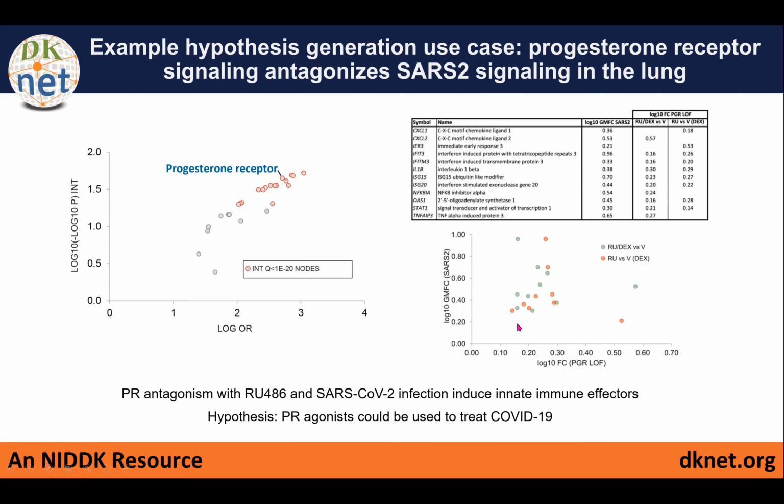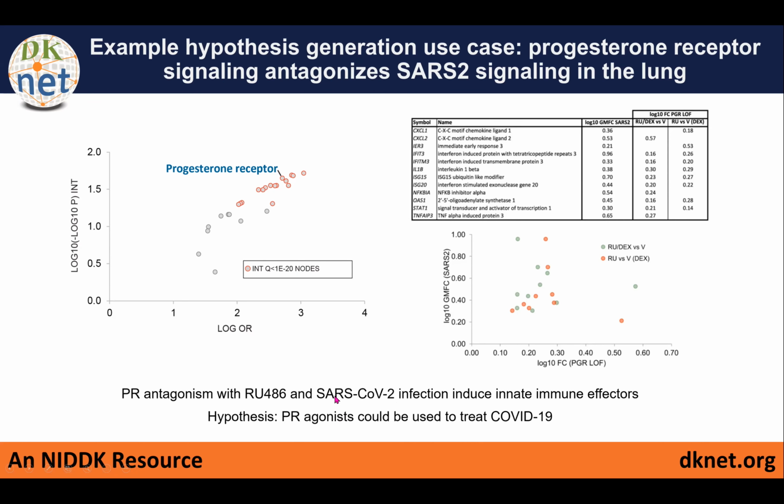HCTs. And what we found was that when we looked at the underlying data points, a loss of function of PR actually had the same effect as SARS-2 infection.